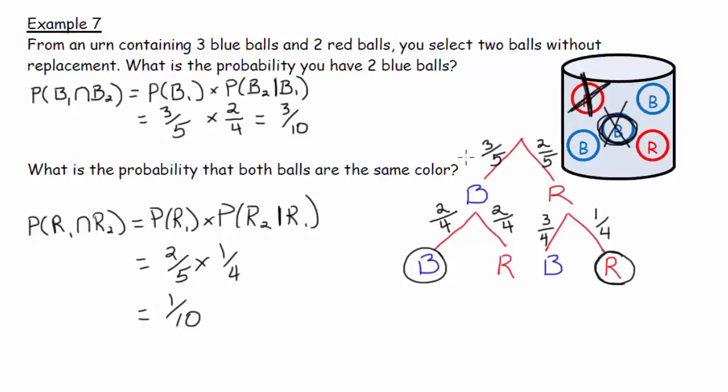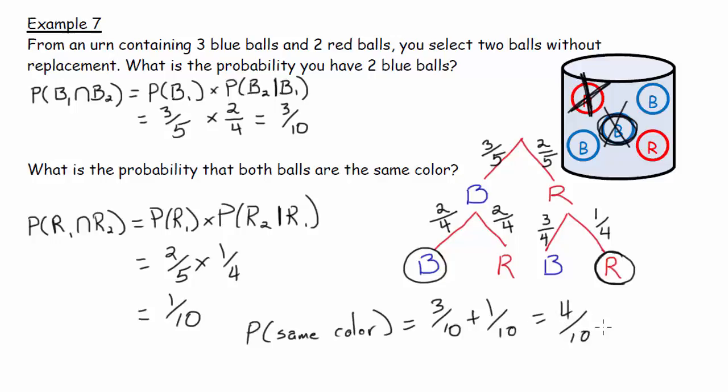So to get 2 blues would be 3/10, and to get 2 reds would be 1/10. So the probability that they are the same color is going to be 3/10 plus this other probability, which would be 4/10 or 2/5.